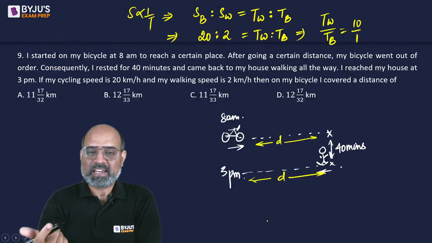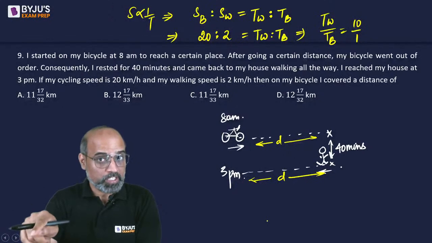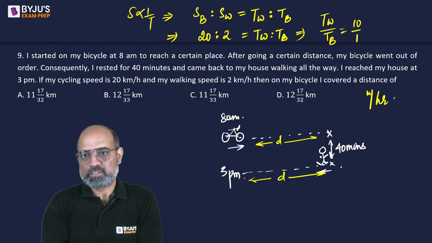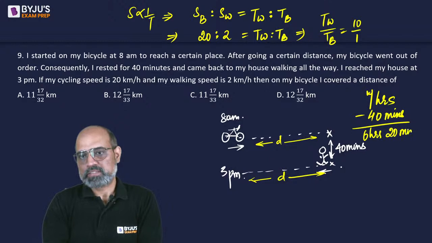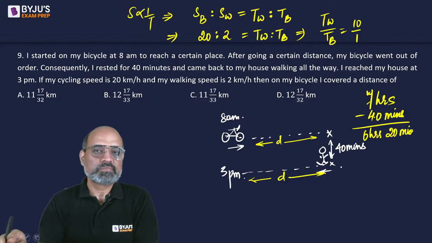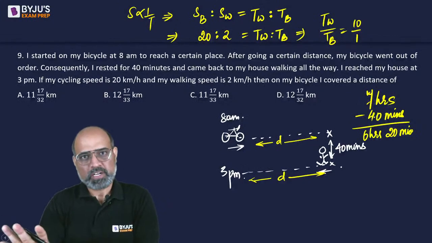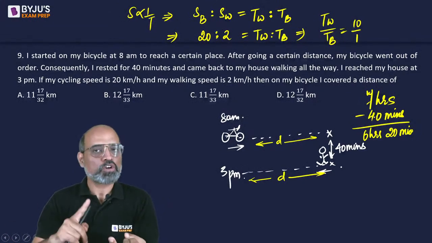So if we remove those 40 minutes out of those 7 hours, that means for 6 hours and 20 minutes you were actually either bicycling or walking. We remove the 40 minutes because that's not part of either walk or bicycle.